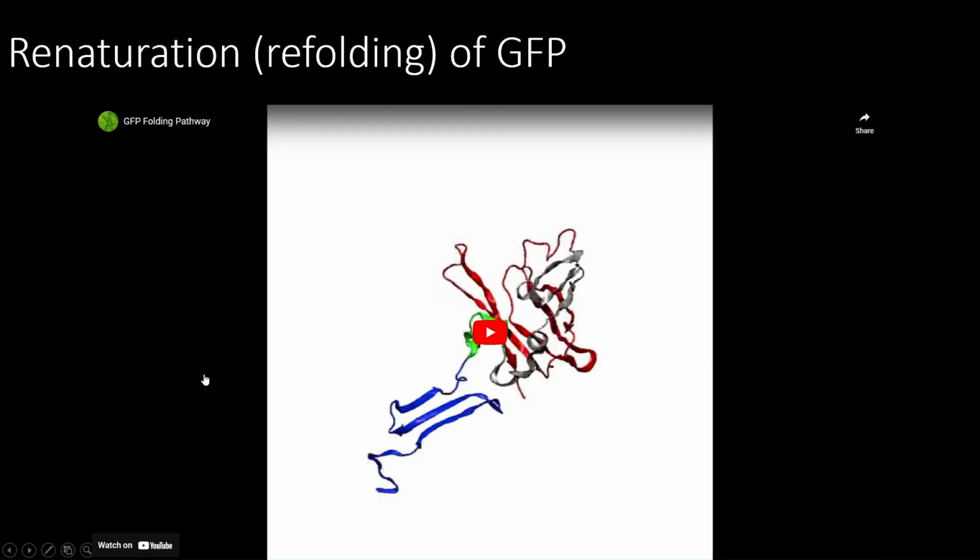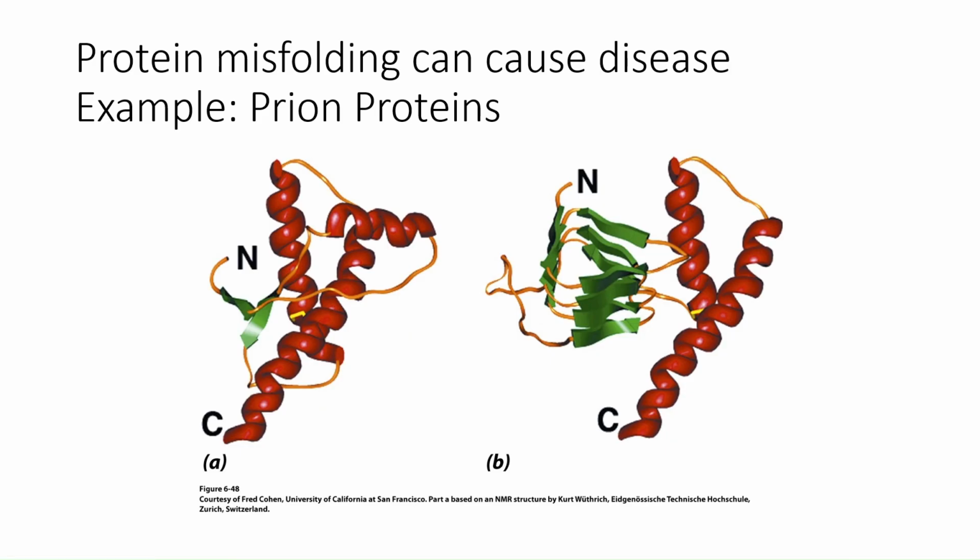You can see the formation of these more stable secondary structures through hydrogen bonding of the backbone, as well as the loop regions in between the secondary structures that are more disorderly and might interact more with solvent.